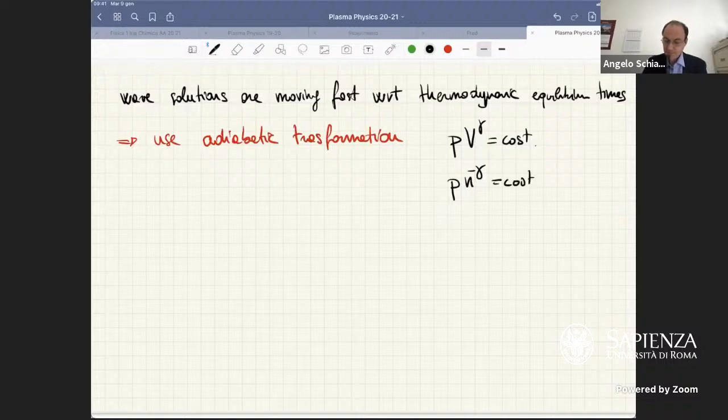Okay. This is the adiabatic transformation. And let's differentiate this.